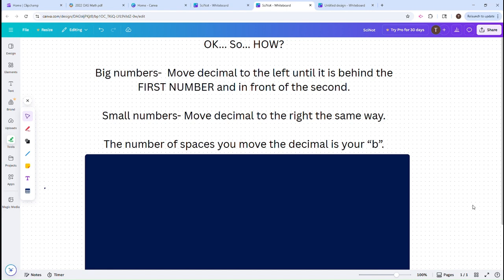And when you have that first non-zero digit and then a decimal and then the second number, that's a number that's always 1 or greater, and less than 10. But have no fear here. You'll be able to see it clearly in living color in the examples. But for now, just know that the number of spaces you move the decimal will be the number you put in for B.